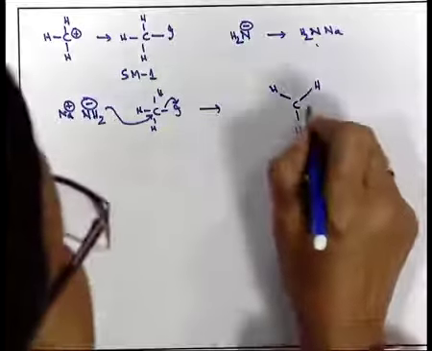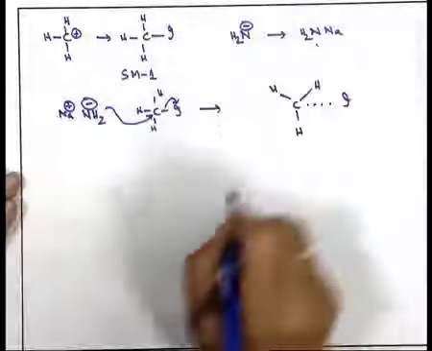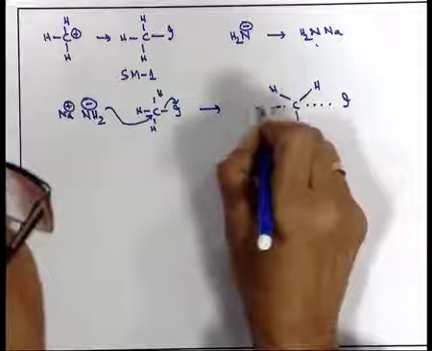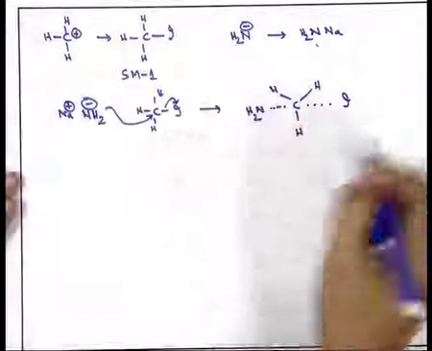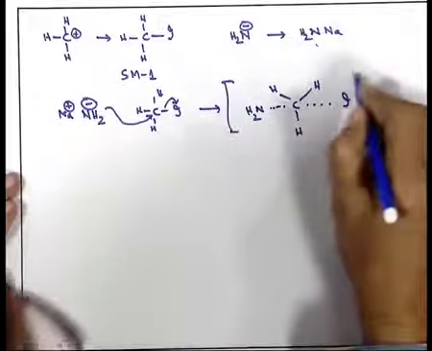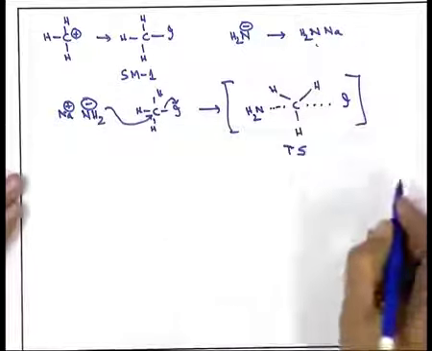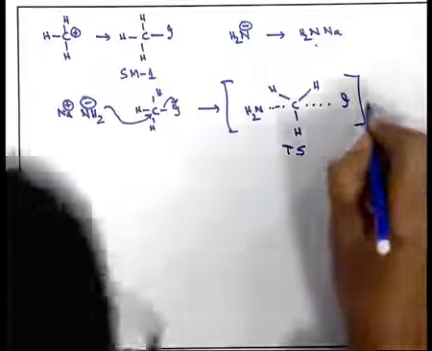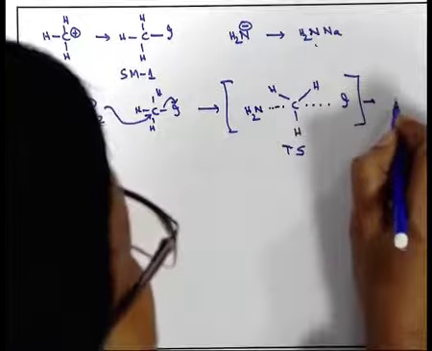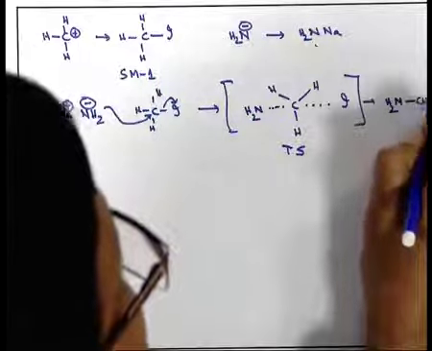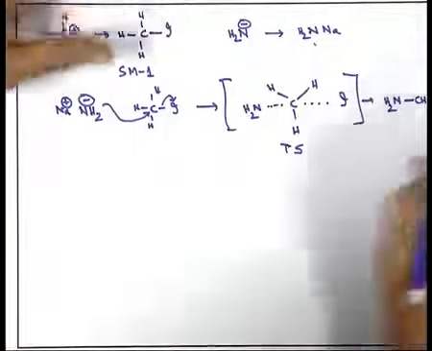Remember, I use the term transition state, where iodine is leaving and NH2 is entering the system. So, this type of transition state is not an intermediate, TS stands for transition state, and will give a product where NH2 is entering from one side and iodine is leaving from the other side.